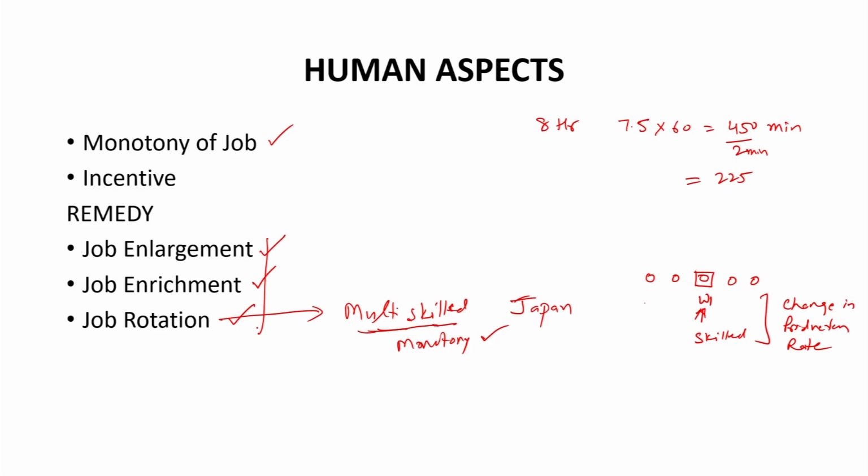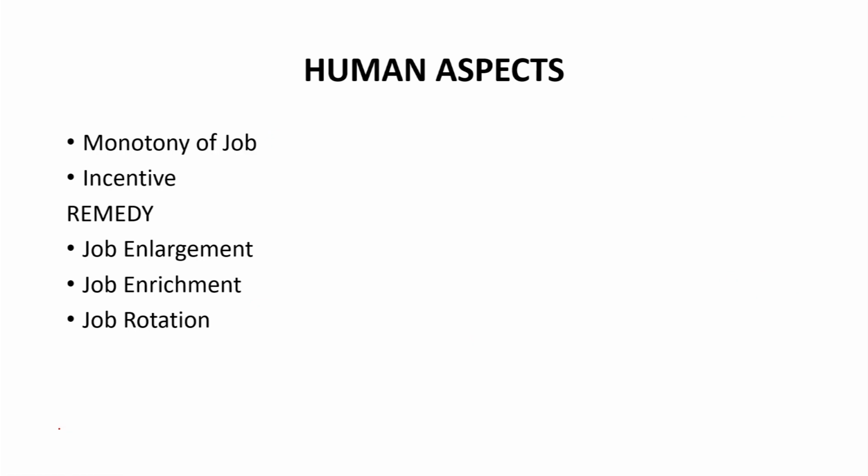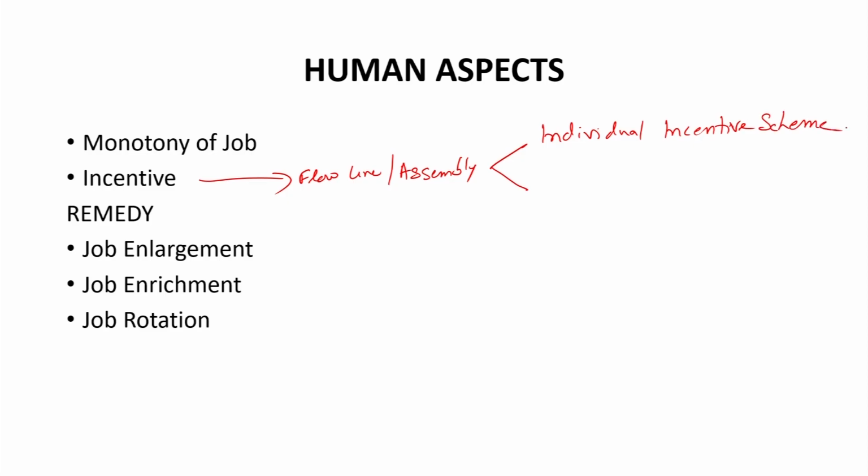Second important aspect in such kind of a system, balancing a line, flow lines or assembly line, is the incentive scheme. Now, there are two types of incentive scheme broadly. One is called individual incentive scheme, and another is called group incentive scheme.